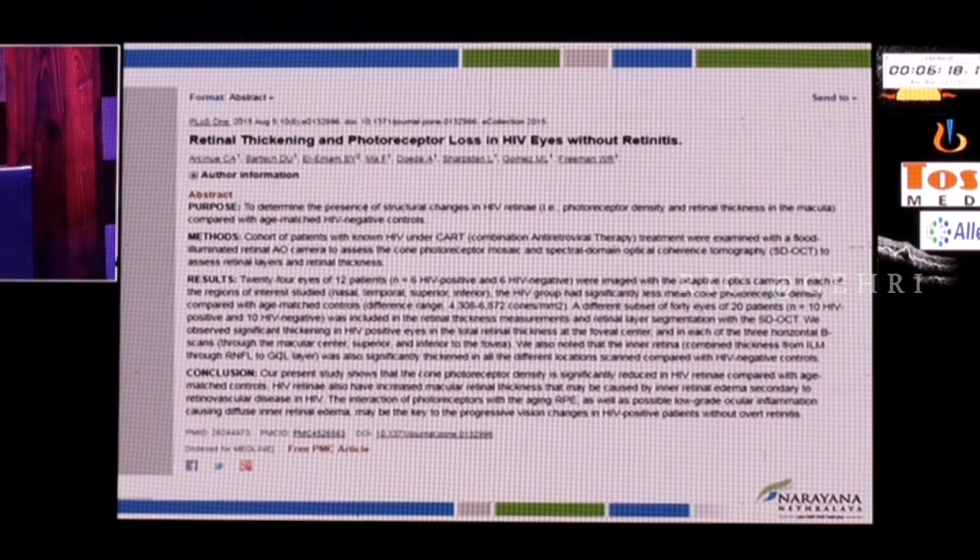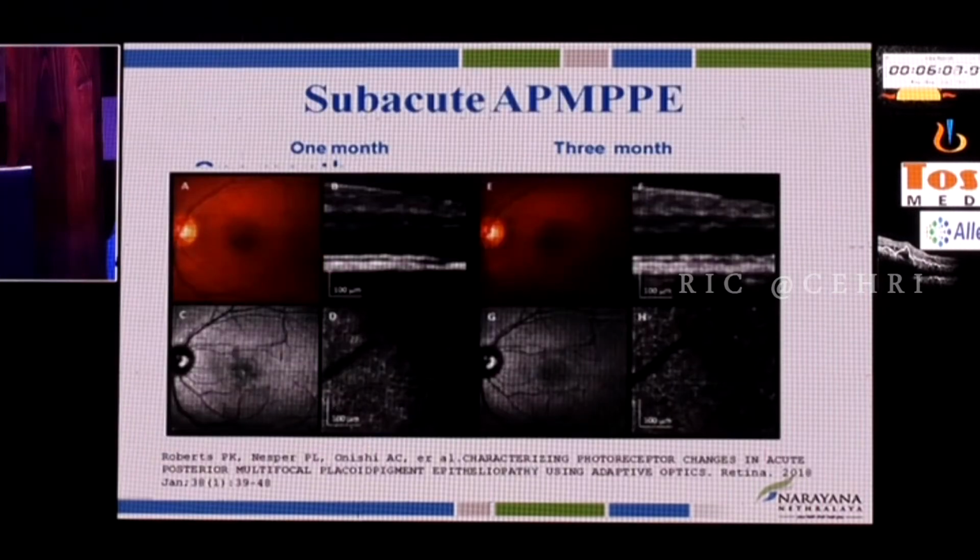Outcome of autoimmune retinopathy patients treated with rituximab was also studied with adaptive optics, where they demonstrated the decreased cone cell count. There was retinal thickening and photoreceptor loss in HIV infected individuals without obvious retinitis. In APMPPE, adaptive optics has been studied in acute and healed cases.